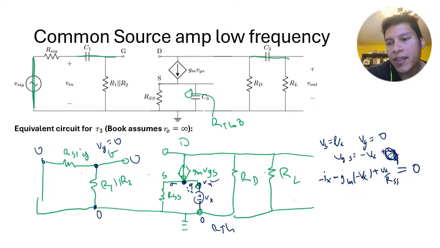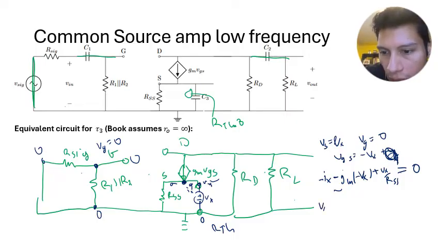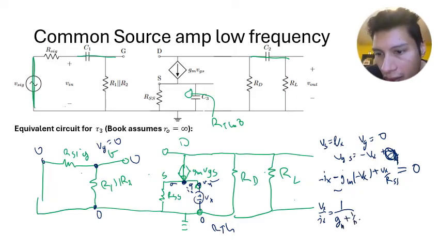Then I just move Ix to the other side, and I'm going to get that Vx over Ix equals 1 over Gm plus 1 over RSS.